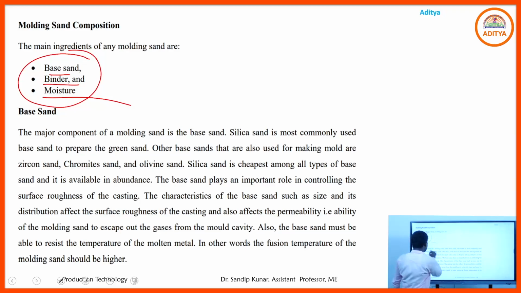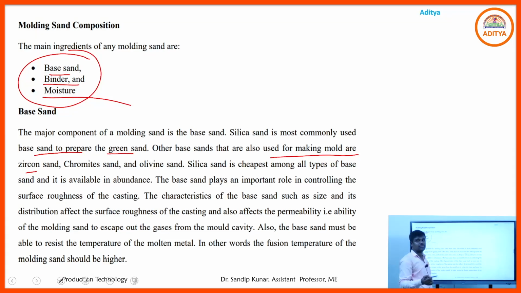The major component of the molding sand is easily available in river beds. Base sand is generally green sand, meaning moisture or clay is mixed into that sand, and it is used for making the mold.